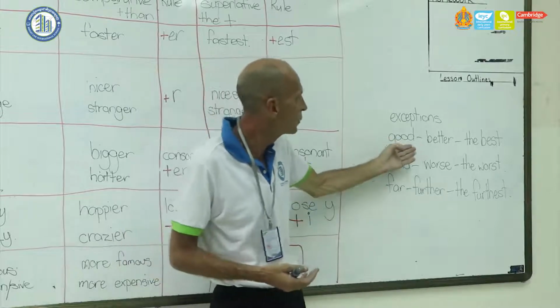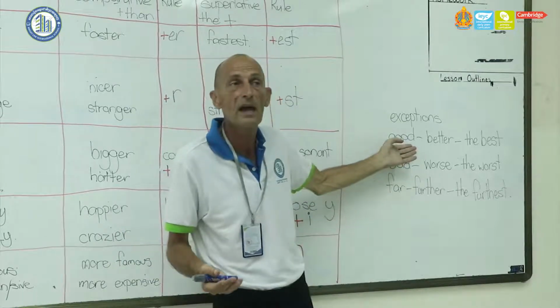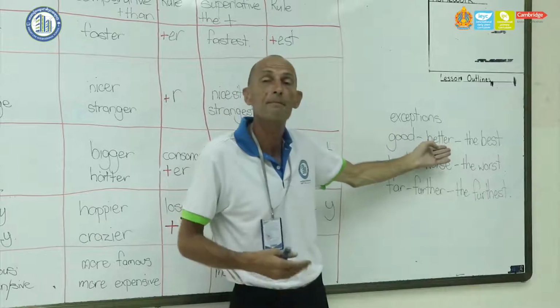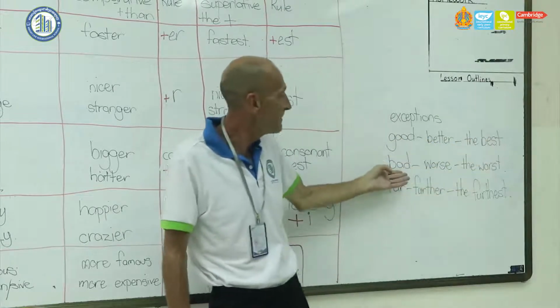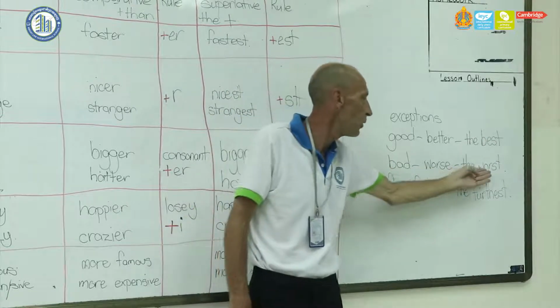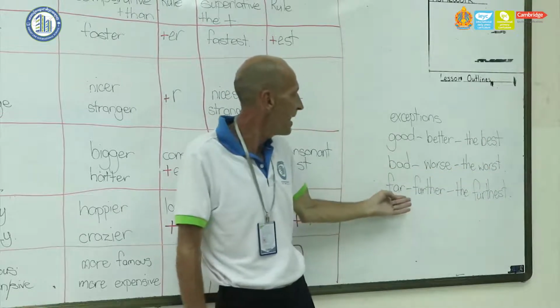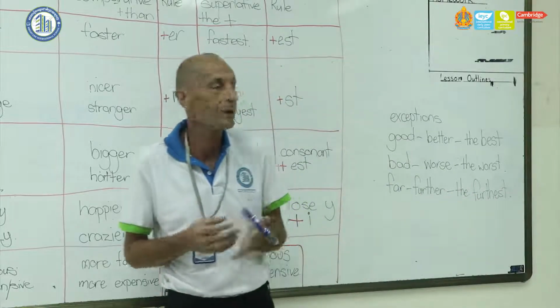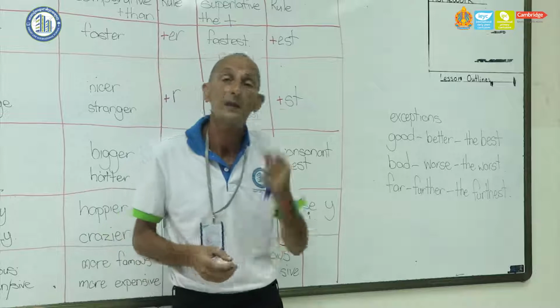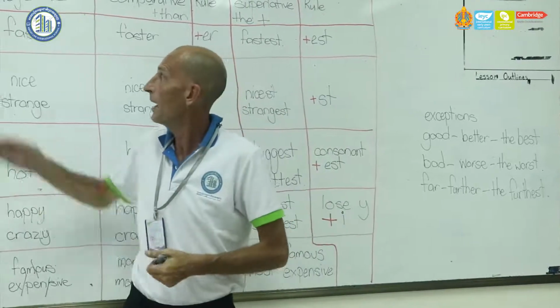So let's have a look. Good is our adjective. Then it becomes better, and then the best. Bad, worse, the worst. Far, further, the furthest. So there's 3 exceptions.